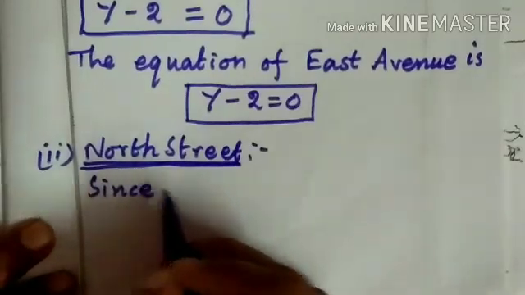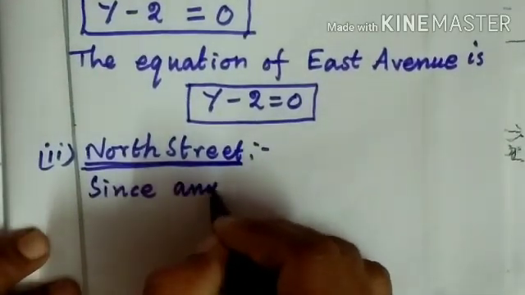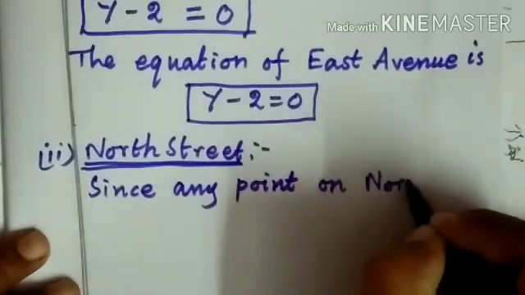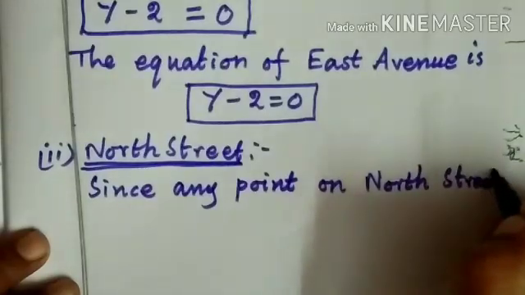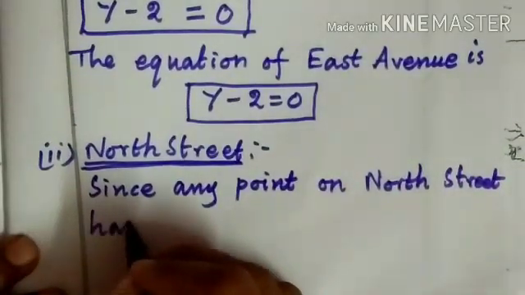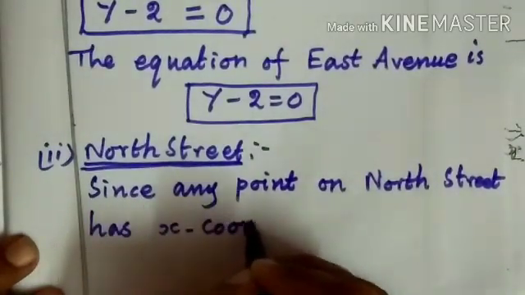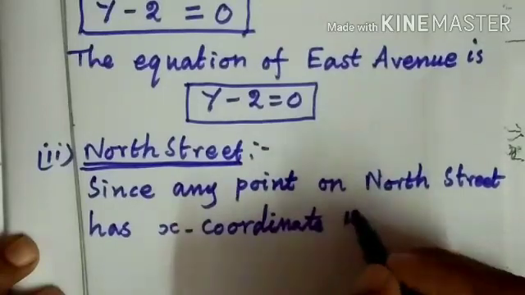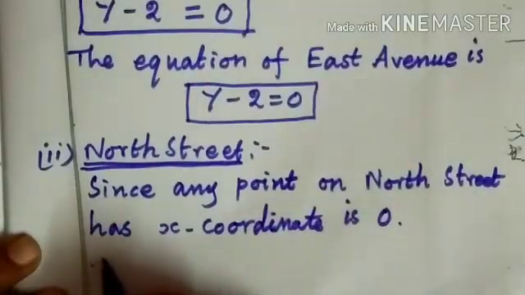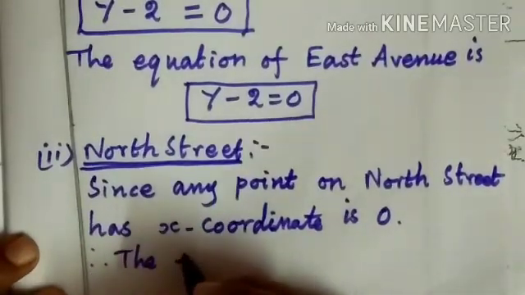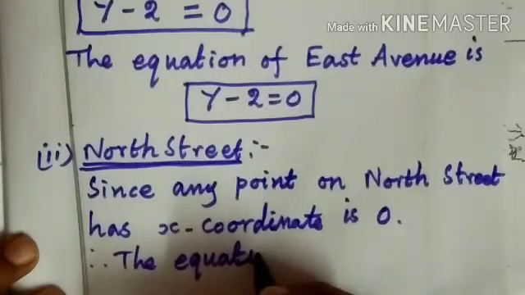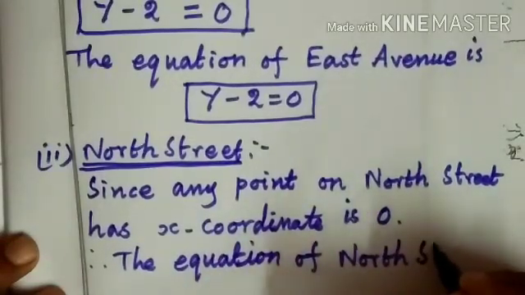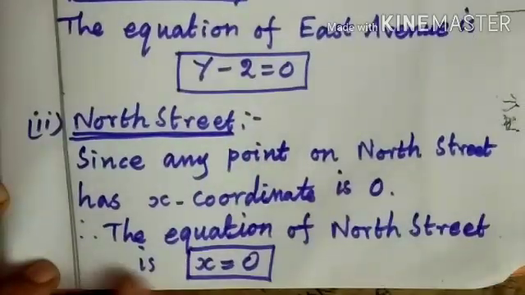Since any point on North Street has x coordinate 0, therefore, the equation of North Street is x is equal to 0.